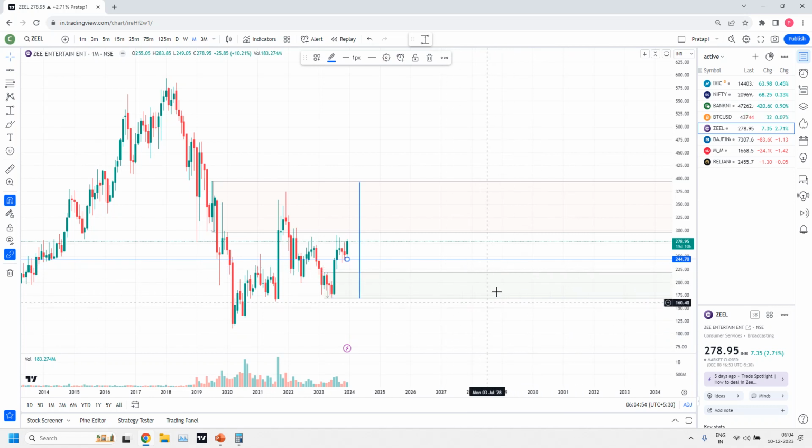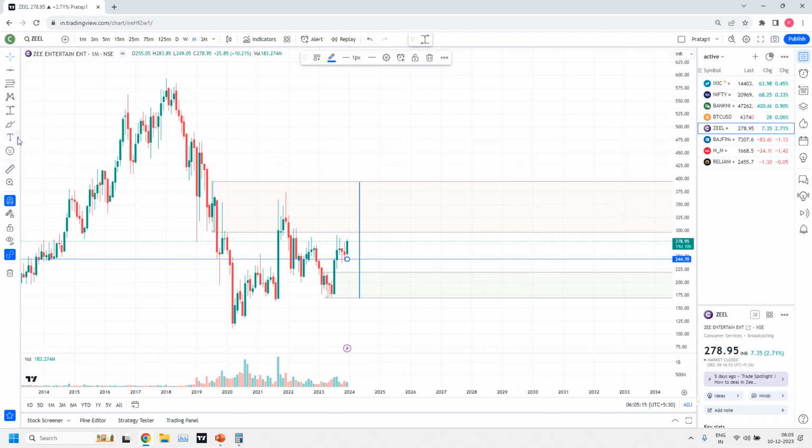So from this distal line of this zone, from here, this area is buyer's area, and the technical name is low on the curve, LOC. This is buyer's area.